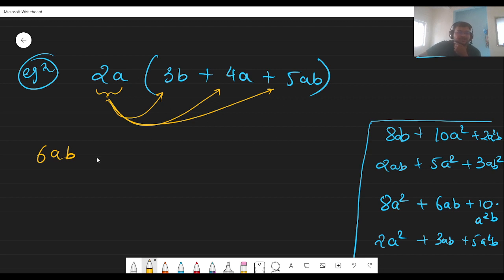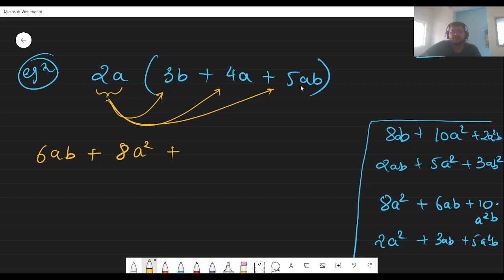And 2 times 3 is 6, plus 2a into 4a. Now a and a are like terms, so it will become a square, and 2 times 4 is 8.